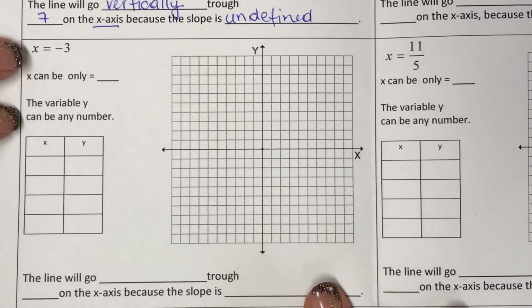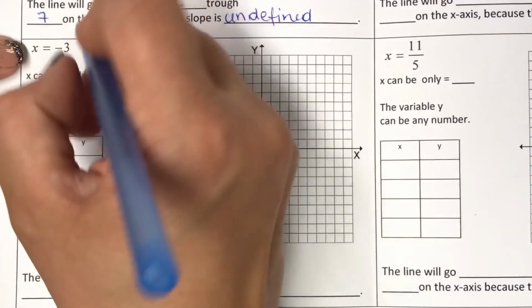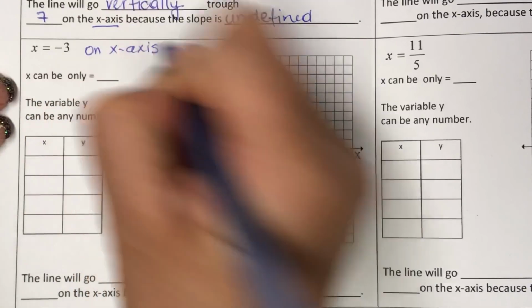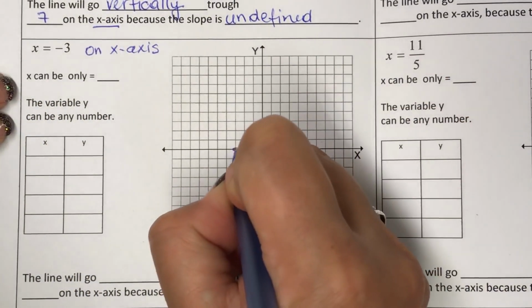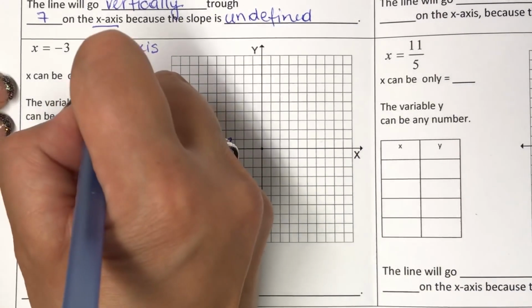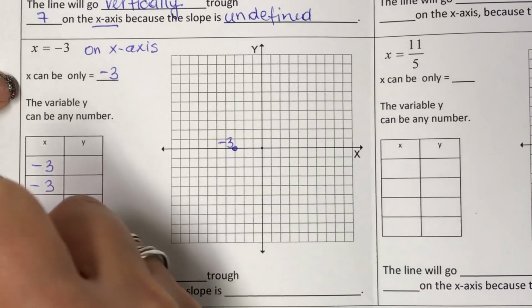What if x equals negative 3? What that means is that negative 3 has to be on the x-axis. So negative 3 is the starting point on the x-axis. The x value can be only negative 3 if I were to choose more points.